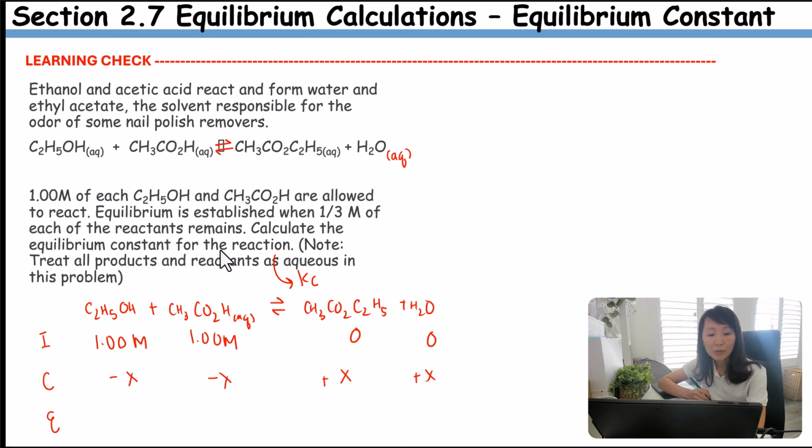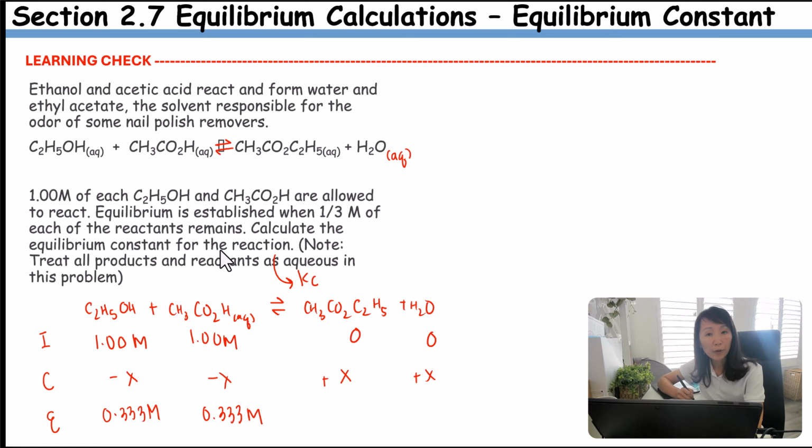Well, at equilibrium, it's 1/3 of the original. So 1/3 of the original of 1 is just 0.333. And it'll go on, but we don't want to write that big long number.